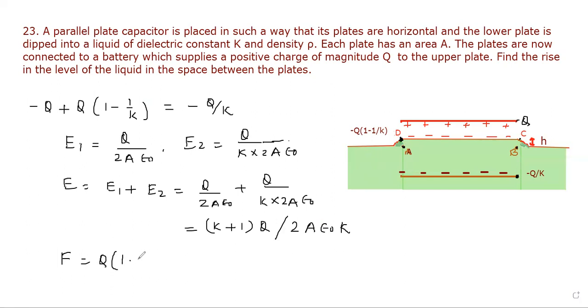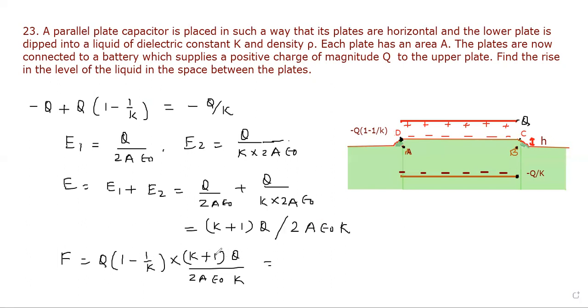So Q times 1 minus 1 upon K times the electric field, which is K plus 1 Q divided by 2A epsilon naught K. Now we simplify it, we take LCM, this will become K minus 1 upon K, and then Q will get squared.